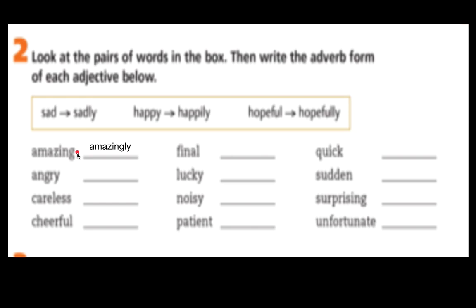Amazingly. So when somebody does something and it seems very, very difficult, but it happens. So the soccer player kicked the ball from 40 meters. Amazingly, he scored.